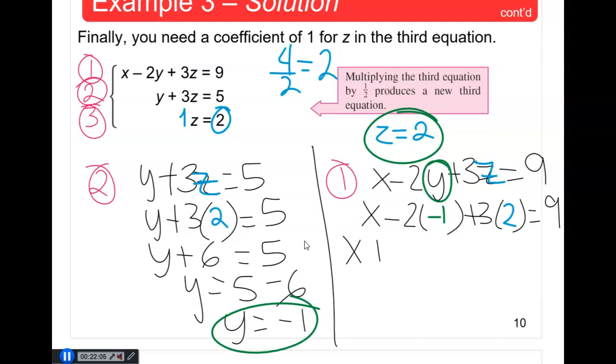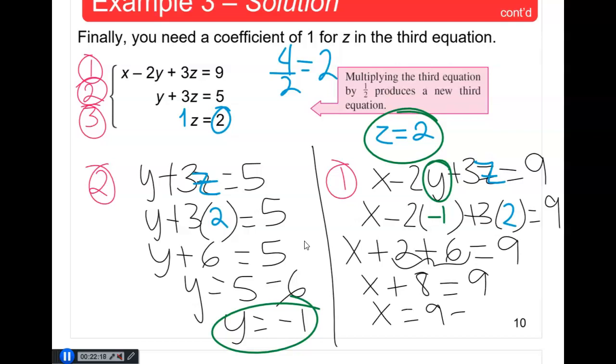And so we have x plus 2 plus 6 equals 9. So combine like terms, and that will be x plus 8 equals 9. So then x is equal to 9 minus 8. So x is equal to 1. And we have our 3 solutions. If we need to enter it as an ordered triple, it will be x first, so 1, comma, then the y, and then the z, which is a 2. And that's it.